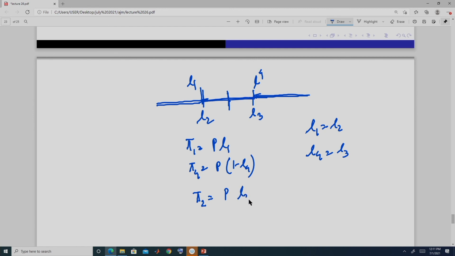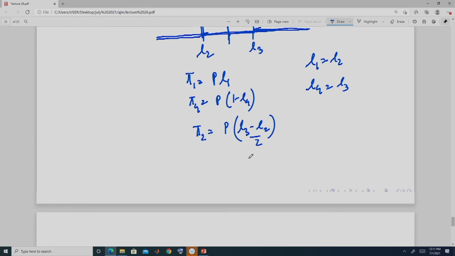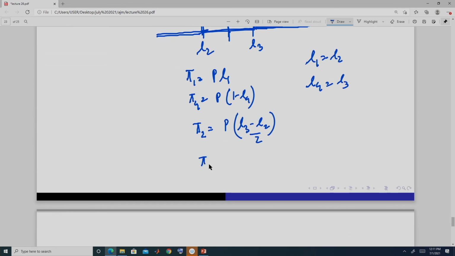So, this is going to be this, and for farm 3 it is going to be the same.